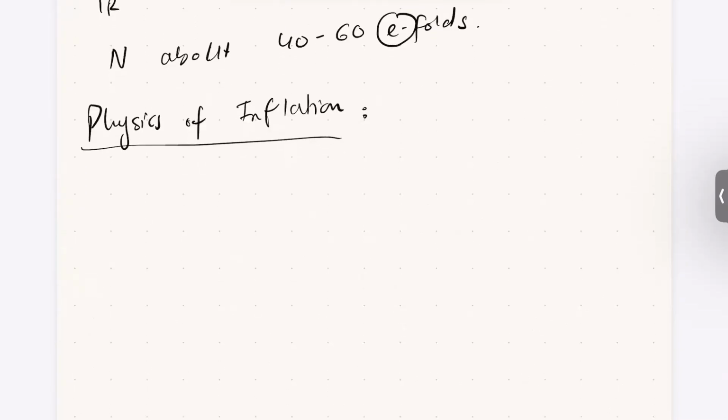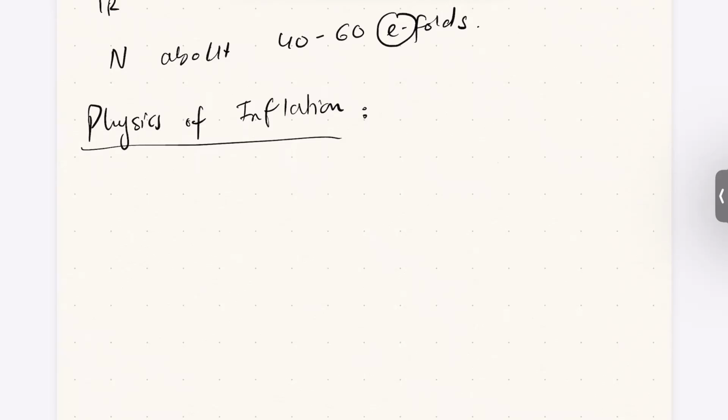Okay, so to understand the physics of this early universe model, we of course need to understand how this early universe evolved, right? And a key characteristic of inflation is that we have a shrinking Hubble sphere, and we will see later on that every characteristic of inflation must also vary very slowly.